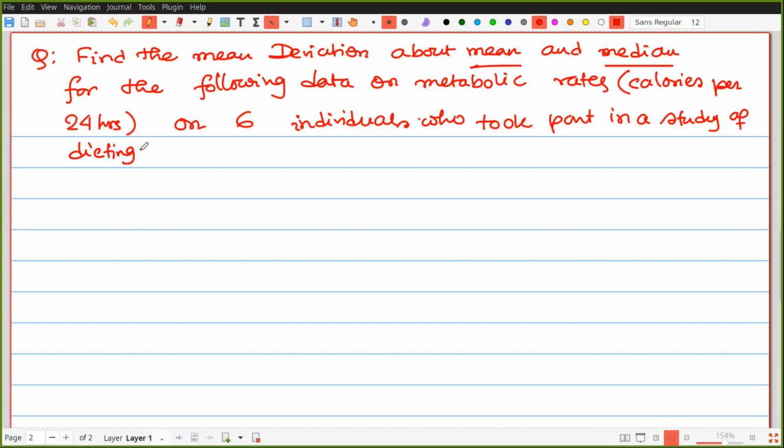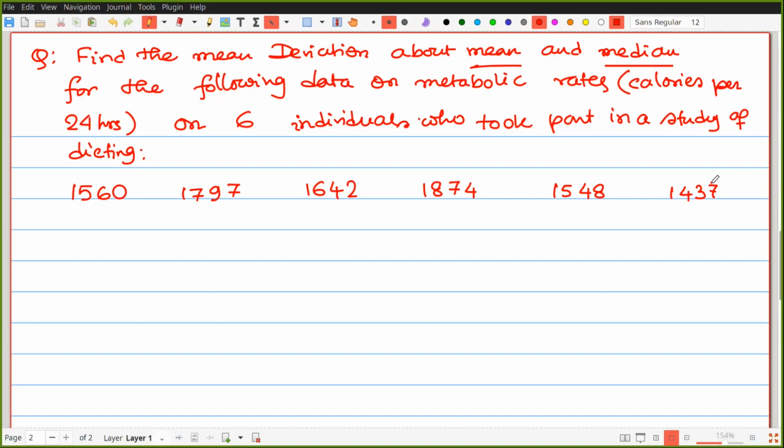Suppose. Okay, so what are the data given? 1560, first one, 1797, then 1642, then 1874, then 1548, another one 1437. So as usual, there are 6 individuals, so there are 6 items or observations.